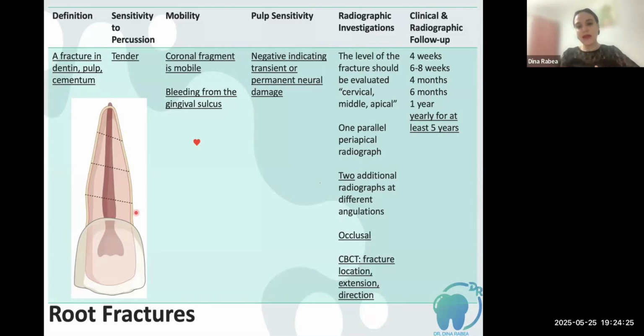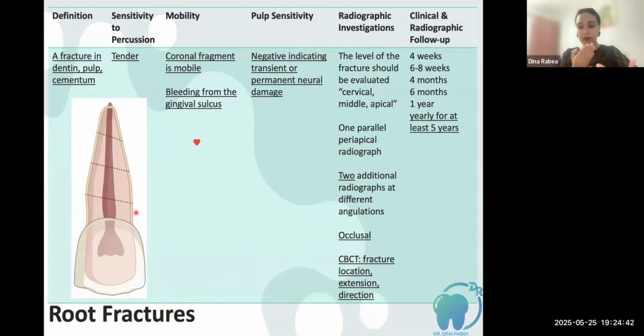So most of the time, if you have a deeper fracture line, you expect a better prognosis for the teeth. So apical and middle root fractures show better prognosis than cervical root fractures.